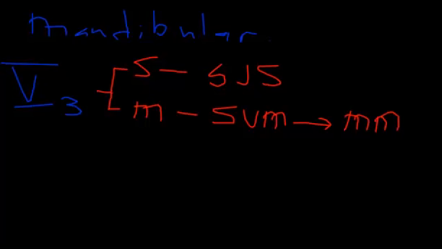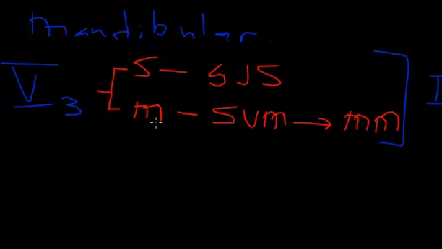And remembering that this cranial nerve, the fifth cranial nerve, including the mandibular division, is responsible for the supply of pharyngeal arch 1 structures.